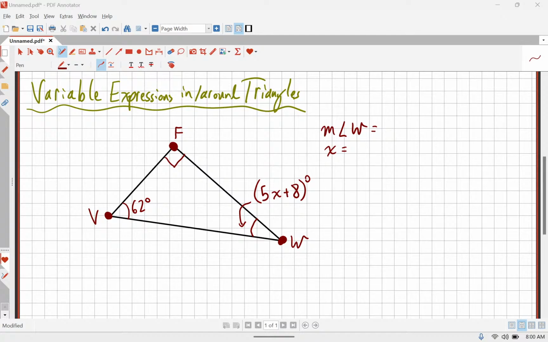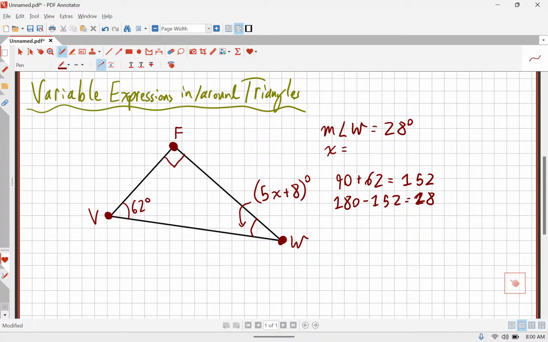Lincoln, what made more sense to find first, the measure of angle W or the value of x? I agree. And how did you do that? And that's 18, I think? 28, excuse me. So 28 degrees.